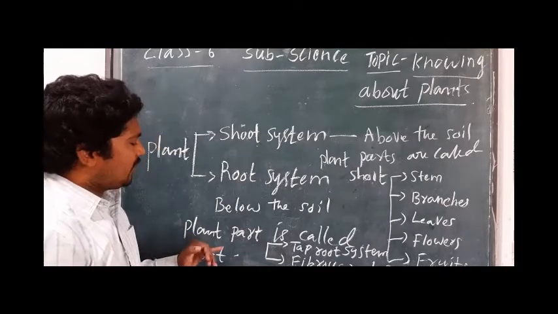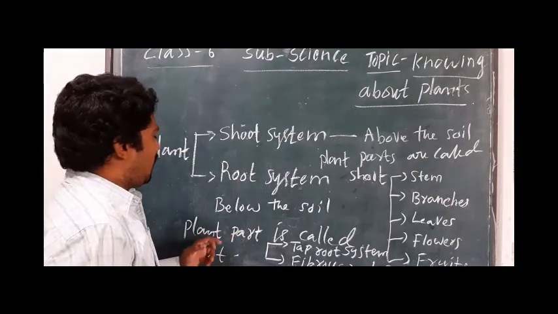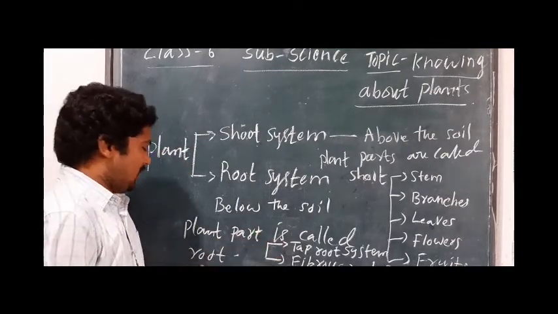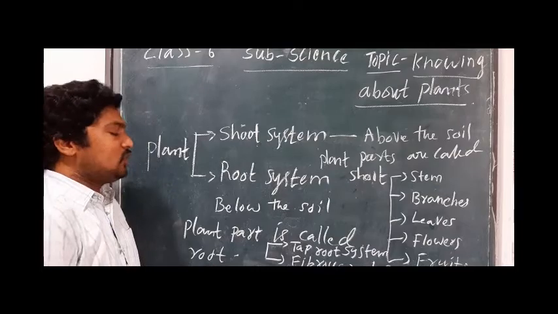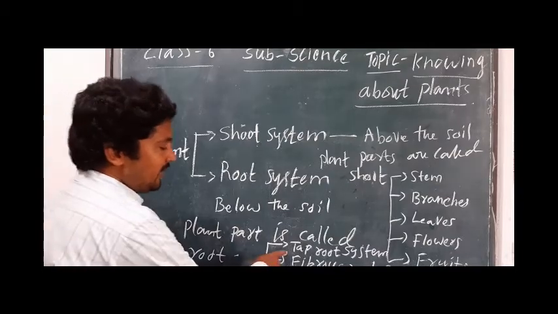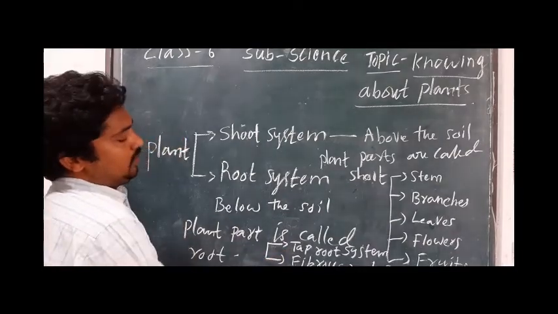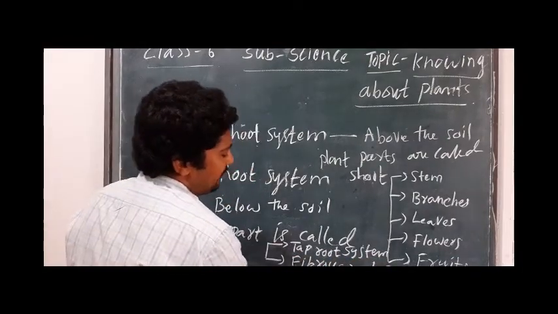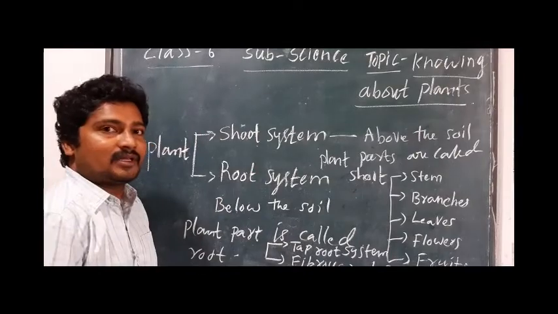Children, now we are going to discuss the plant part below the soil, called the root system. In that root system, again there are two types: the tap root system and the fibrous root system.